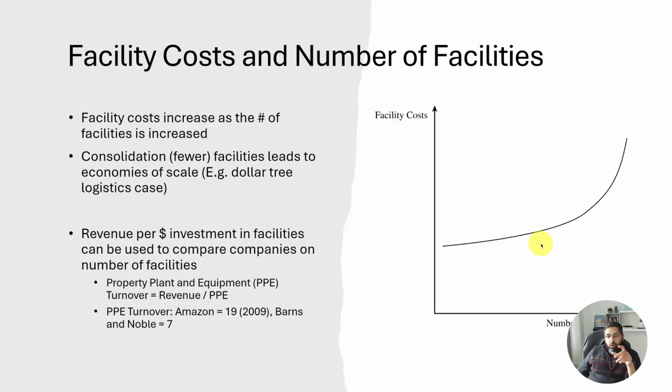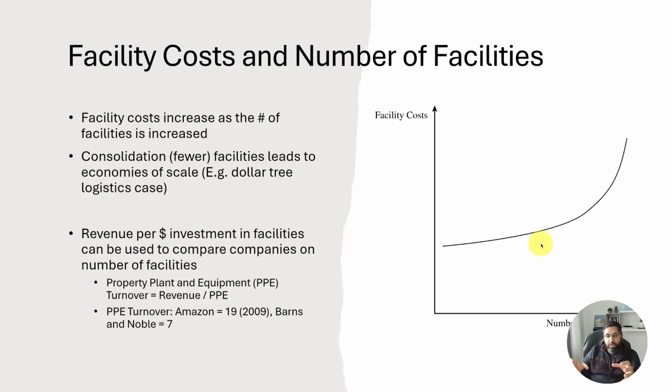Also, in terms of real estate cost, property taxes, utilities and rent, it's not linear. If you have two smaller facilities of half the size each, your rent will not be half in each case, or the property tax will not be half in each case, or utilities will not be half.